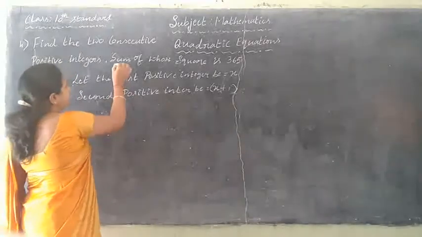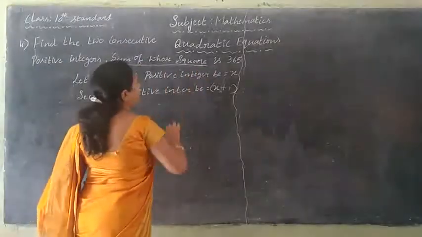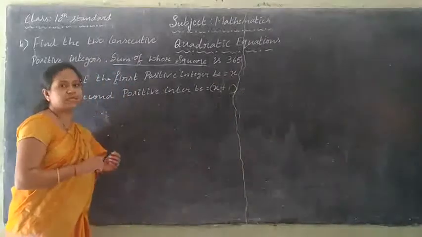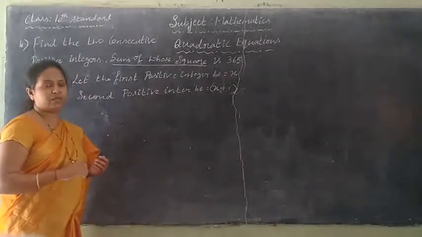See, then what is it telling? Sum of whose squares is 365. Understood?